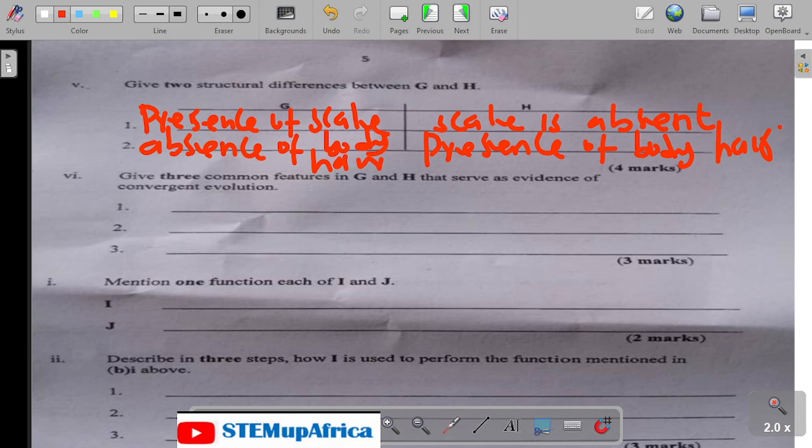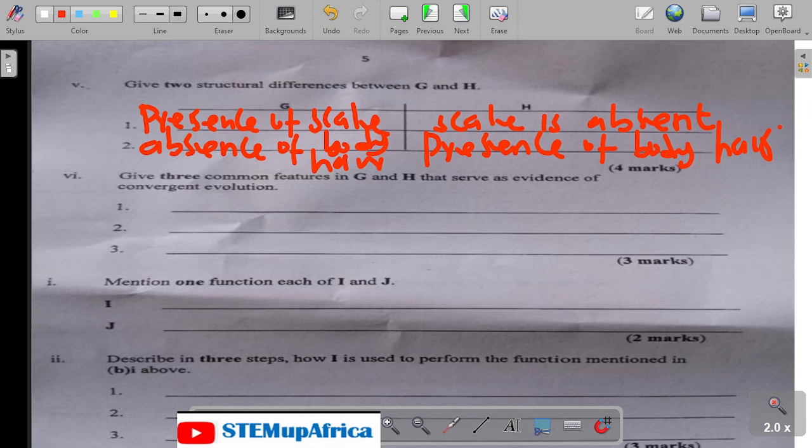Then let's go to Roman figure 4. It says state three common features in G and H that serve as evidence in convergent evolution.